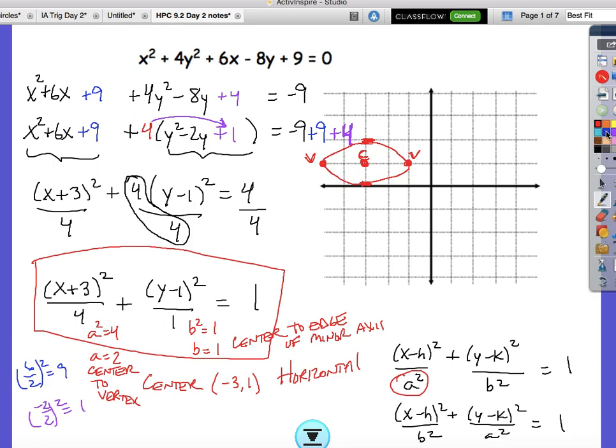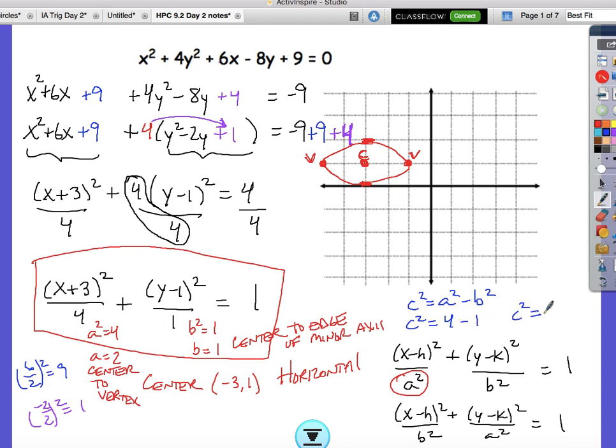And then the only other thing I'm missing are the foci. And the letter that we use to figure out the foci is the letter c. And we get that c squared equals a squared minus b squared. So c squared is going to equal a squared, which is 4, minus b squared, which is 1.